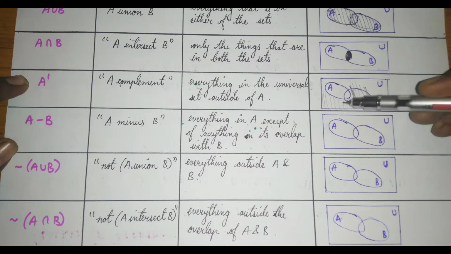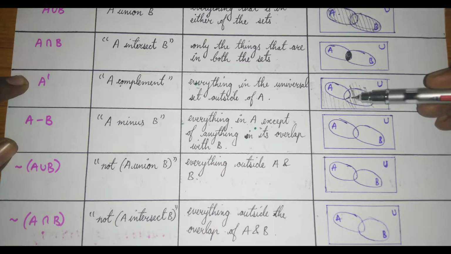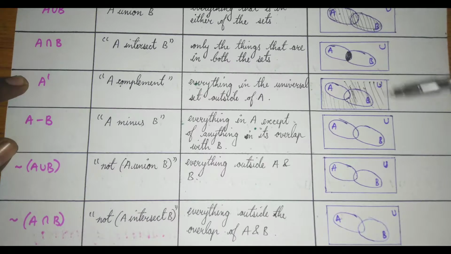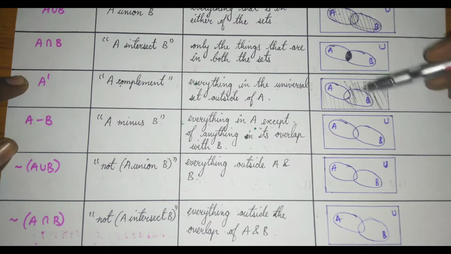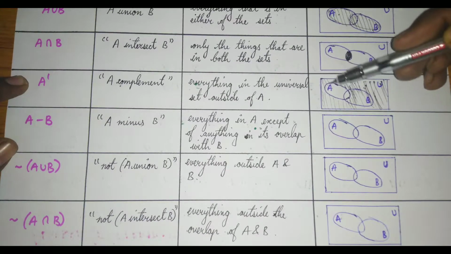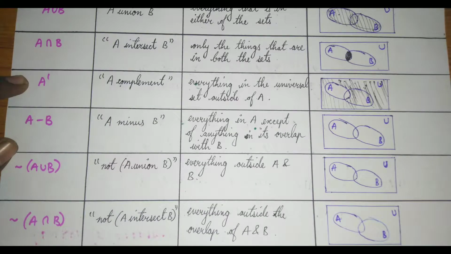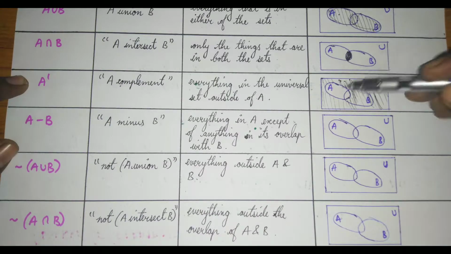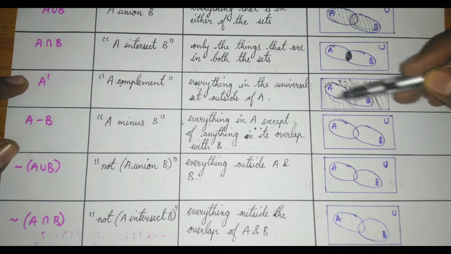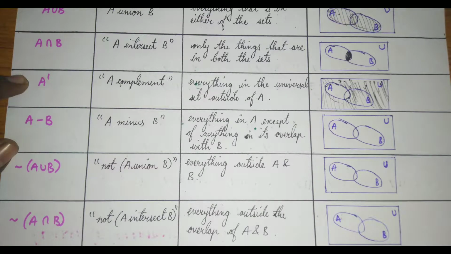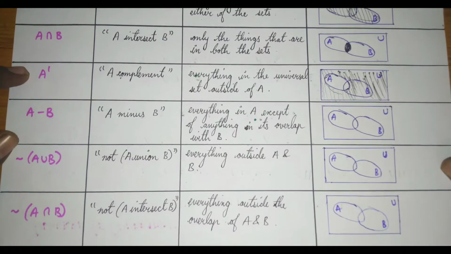And remember, this intersection part is part of A, so you have to leave A and shade all other regions. A complement means everything in the universal set outside A. So leave the A part and shade everything else.